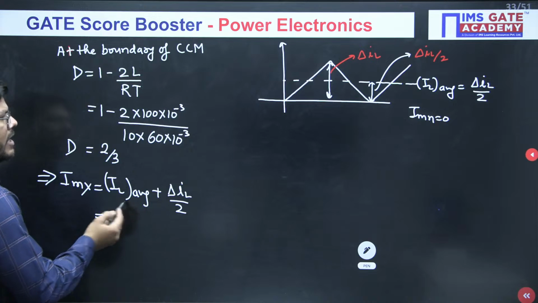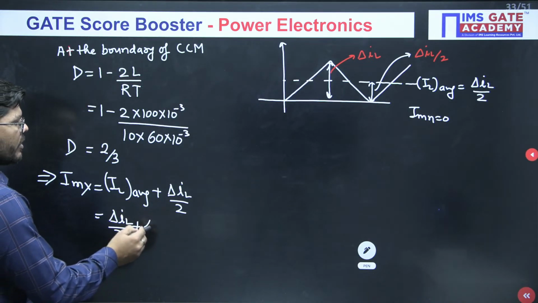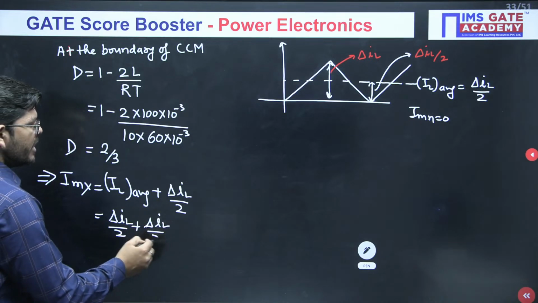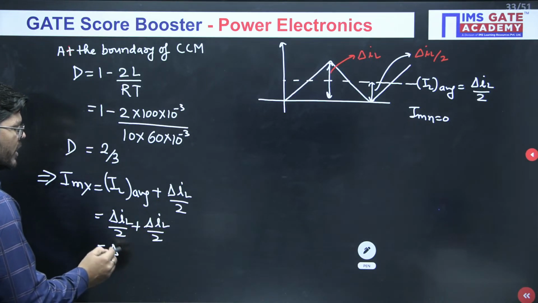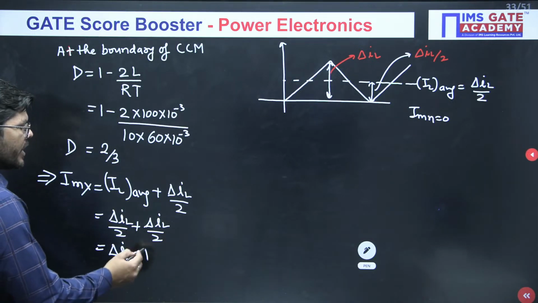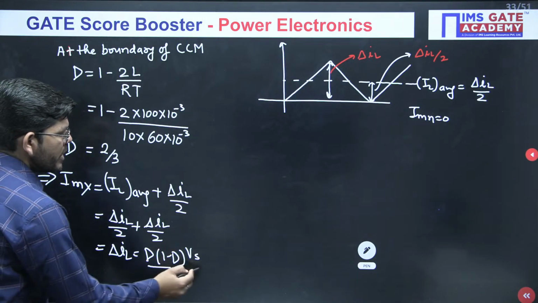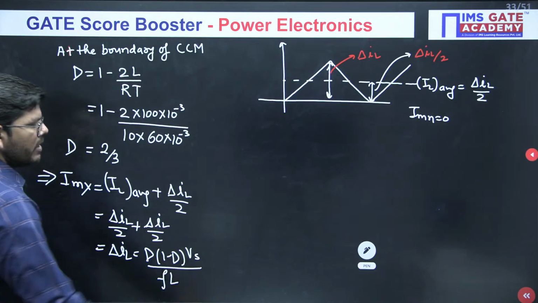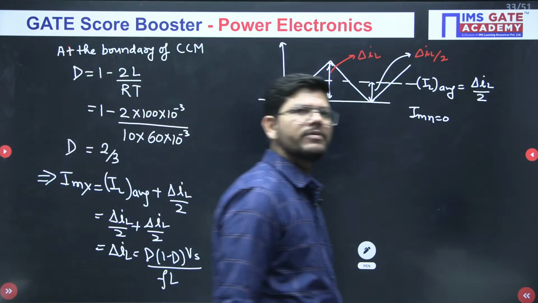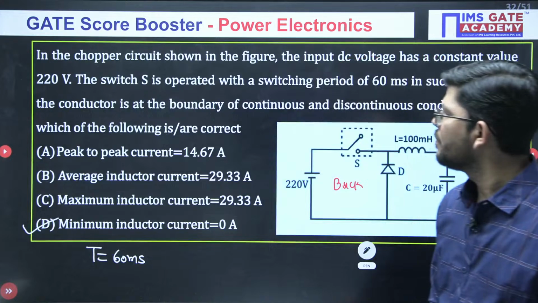So now can you tell me, IL average, which is delta IL by 2 plus delta IL by 2, will become ultimately what? Delta IL. And delta IL in case of a step down converter is D 1 minus D Vs over F into L, isn't it? So I max will be having this formula. Peak to peak, what we have to calculate here?